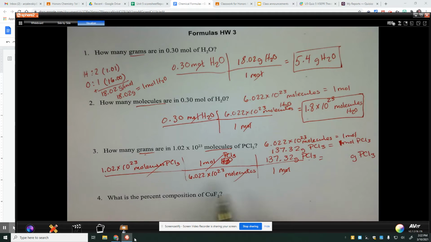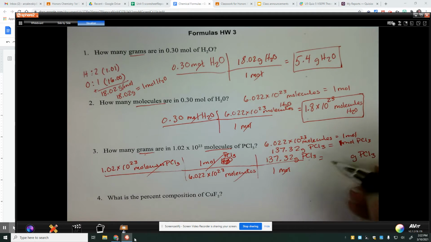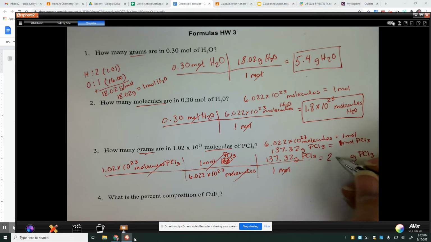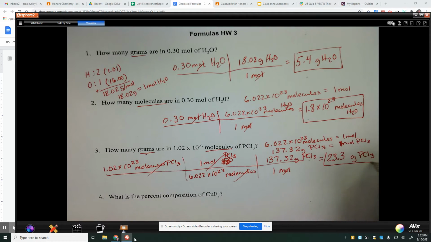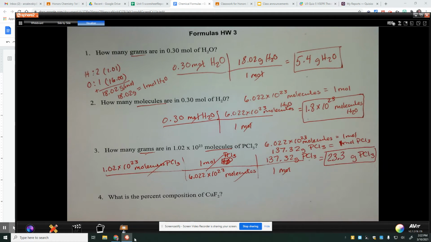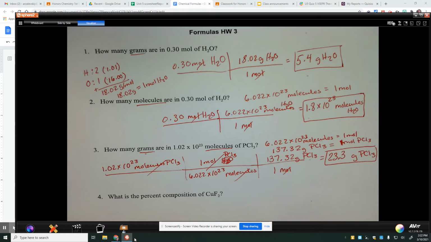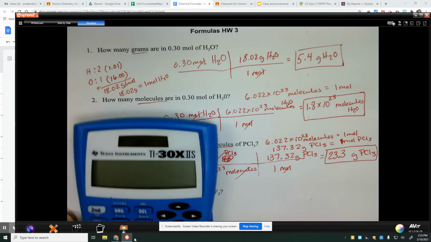Everything on top multiplied together, divided by everything on the bottom multiplied together, and you should end up with 23.3 grams of PCl3. Now I'm going to show you what that looks like on a calculator when I type this in.